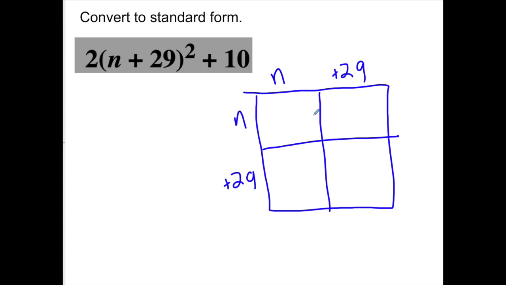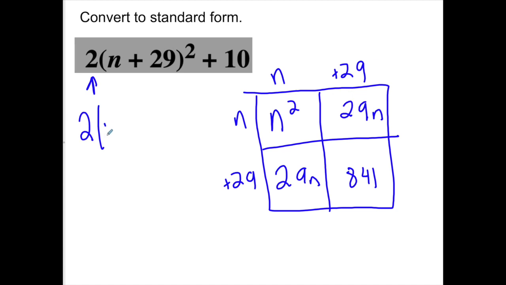There's nothing mathematically valuable about that. Okay, so we get n squared, we get 29n, we get 29n, and then on our calculator we do 29 times 29, and we get 841. Now, because there's a number in front of it that's not 1, we drop that number in there, n squared. If you need to, use your calculator to do 29 and 29. That's 58n plus 841 plus 10.